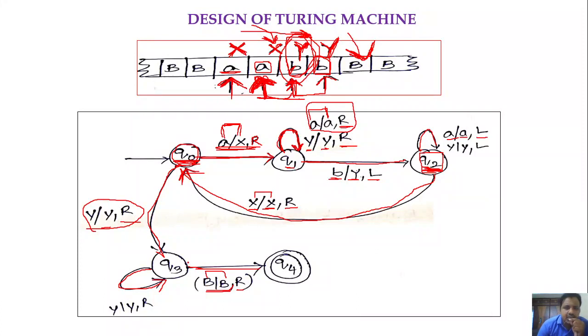The thing is that in q3 we must get a blank symbol, and you can move the head towards either the left side or the right side. So in q3 if we get a blank symbol, we replace that blank with blank and move towards the right, and also change the state from q3 to q4. We mark q4 as a final state. So this is how we have implemented the Turing machine.